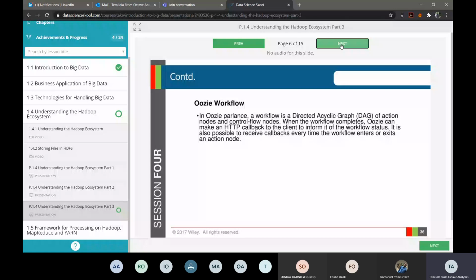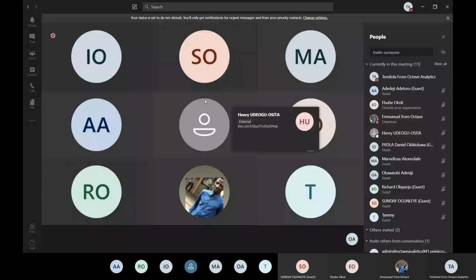I said Sqoop is actually formed from the combination of both SQL and Hadoop.